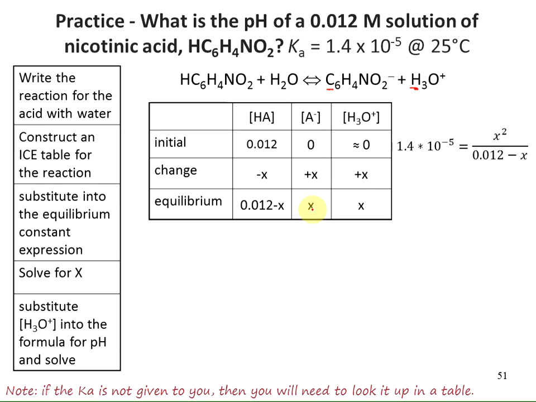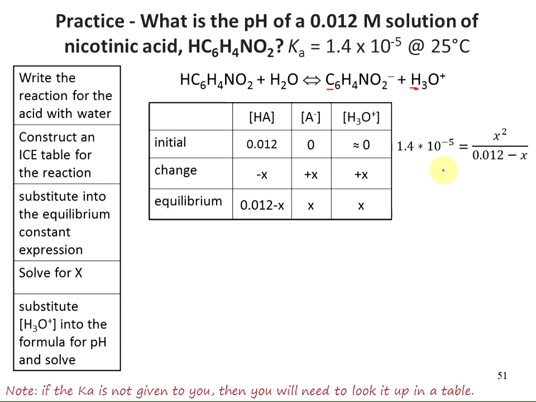That's X squared over the concentration of the nicotinic acid, and remember the water is pure, so it does not show up in our equation. And they gave us the Ka value of 1.4 times 10 to the minus fifth as part of the given information. Now we need to solve for X.